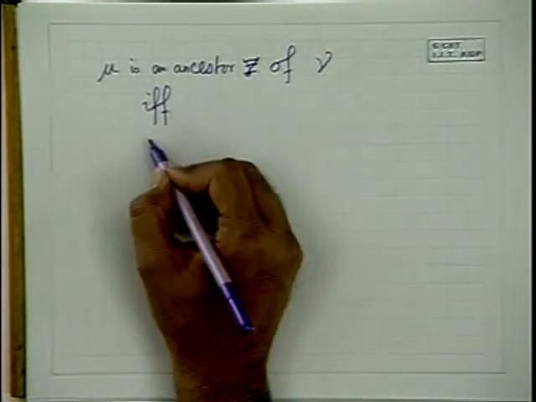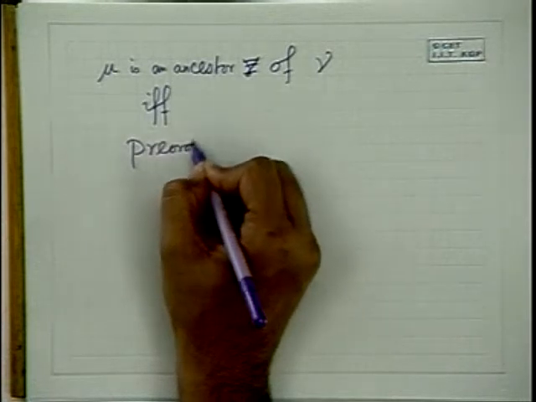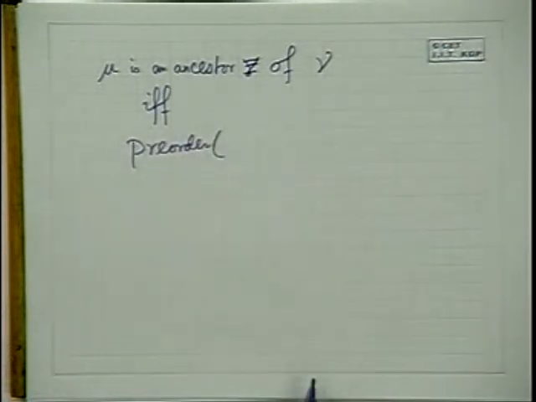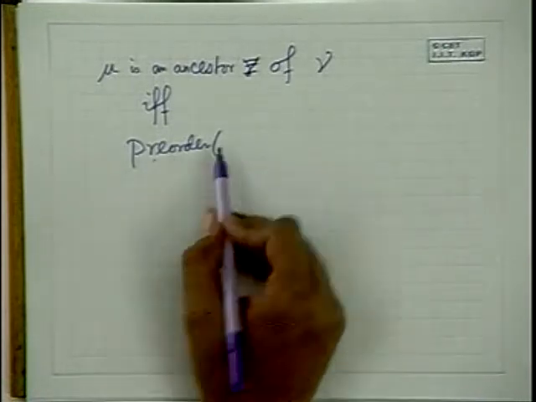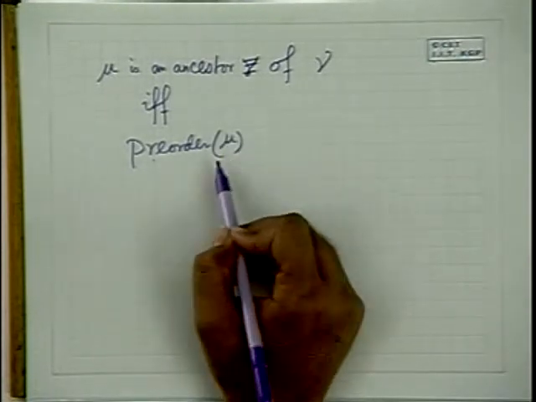this is valid: pre-order, basically this is the ordering. While traversing the tree, if you order the nodes according to your traversal, that gives a number to a node. So when I say pre-order of mu, it means that number.